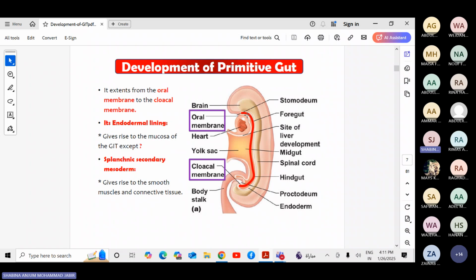Except there are some places like the oral mucosa and the lowermost part of the anal canal where we have ectoderm. Then we have the muscular layer and connective tissue which will be formed by the secondary mesoderm, splanchnic mesoderm.